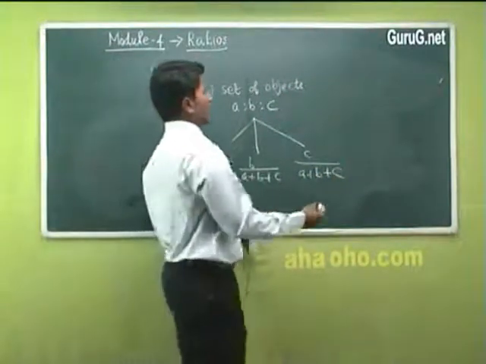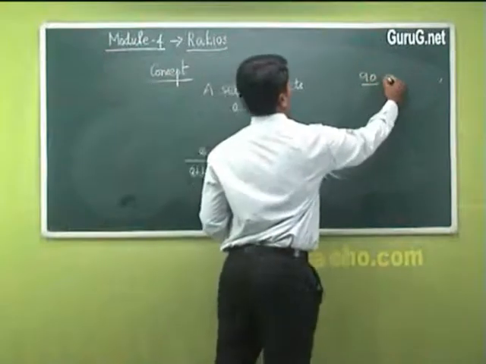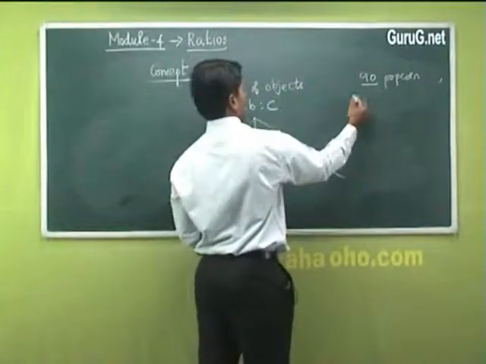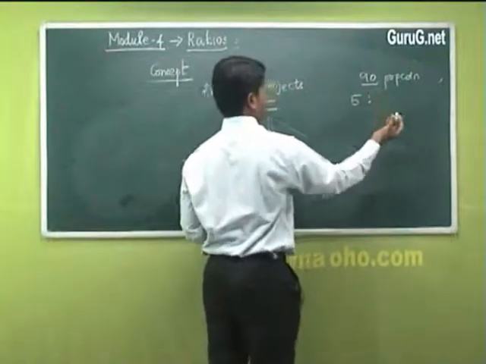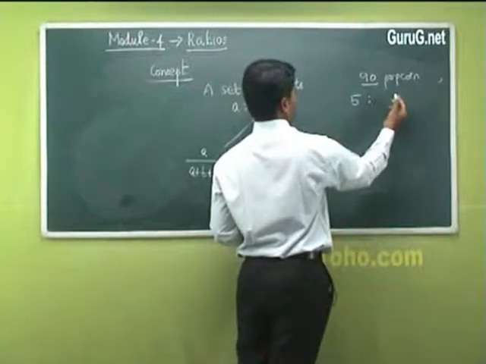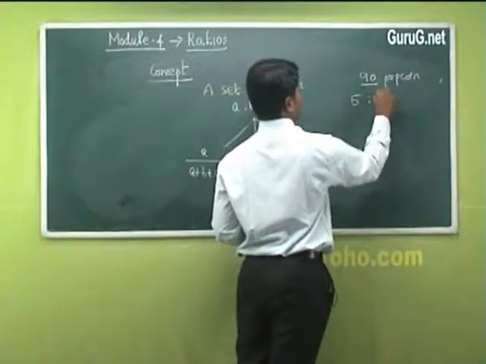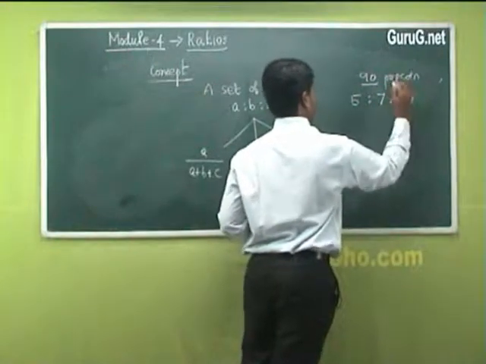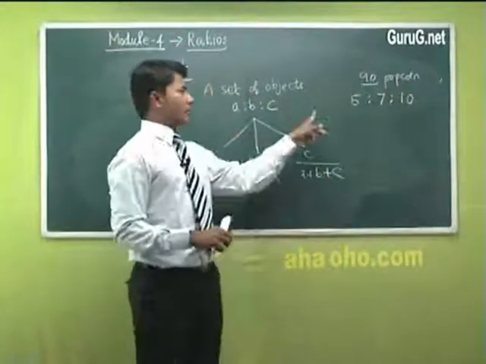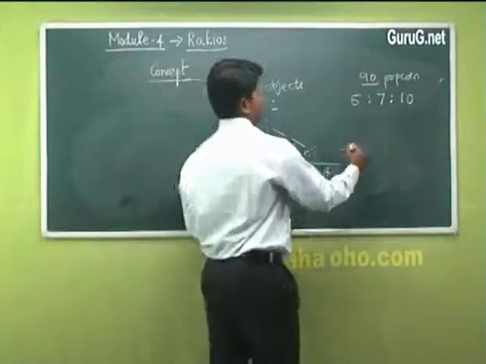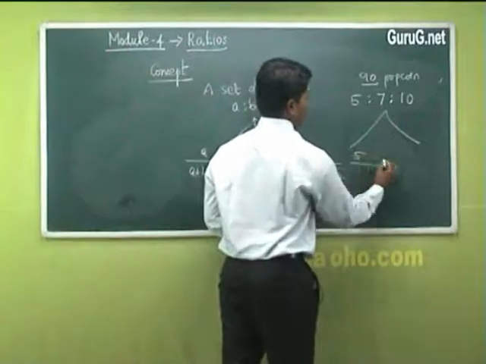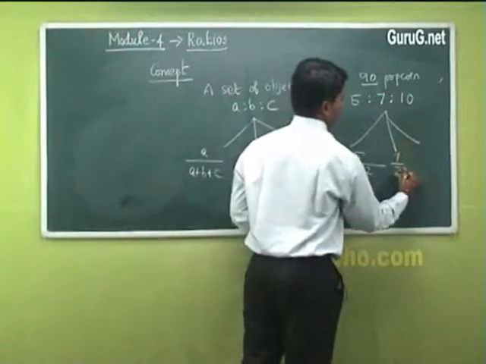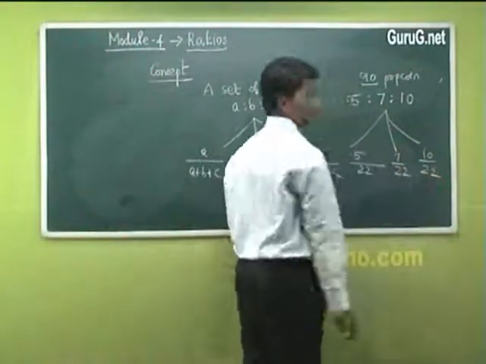So if you have, say, around 90 popcorn packets, and you want to make the ratio 5 is to 7 is to 10, each one will contain 5 by 5 plus 7 plus 10, that is 22, then 7 by 22 and 10 by 22.